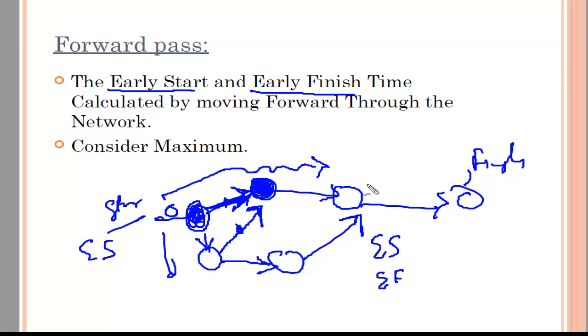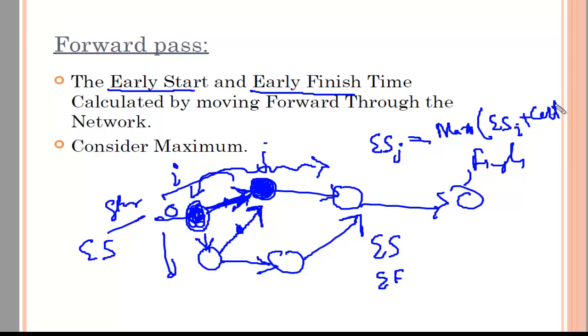So I will call it the earliest start of the jth node, and this was the predecessor of it. So this is the ith node and this is the jth node, for example. So the earliest start of the jth node, that's the node I am talking about right now, is the maximum of the earliest start of the ith node plus the cost of that activity.